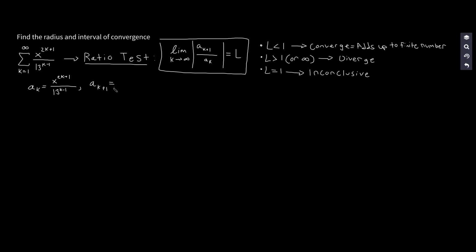Then for a sub k plus 1, all we have to do is plug in k plus 1 everywhere that you see a k. See how there's a k right here in this exponential place? Well, instead of k, we're going to put k plus 1, and it's going to be parenthetical.